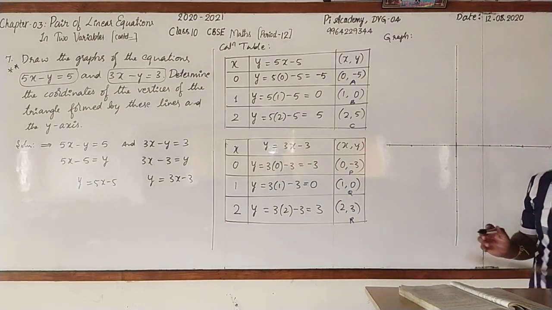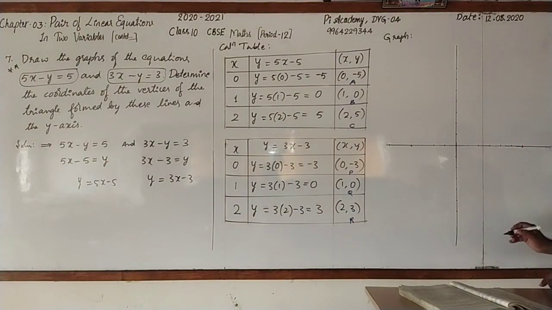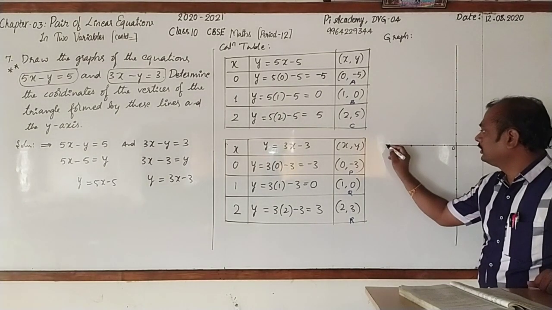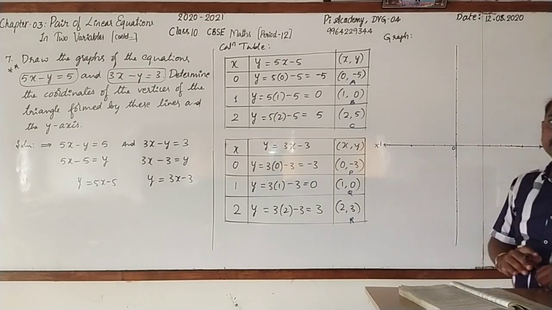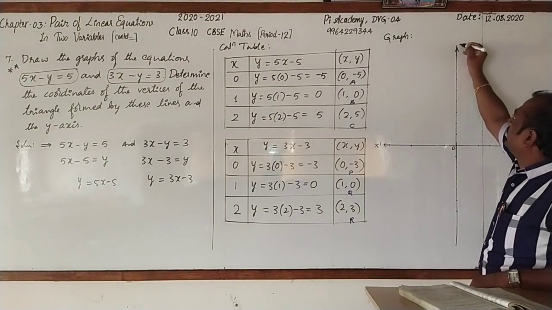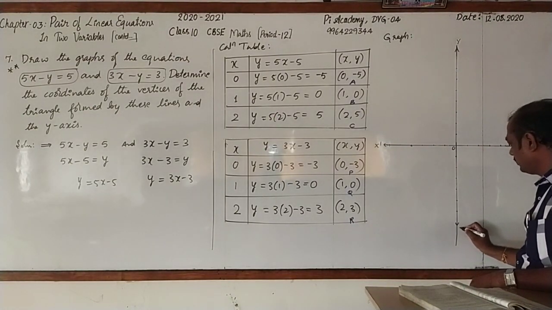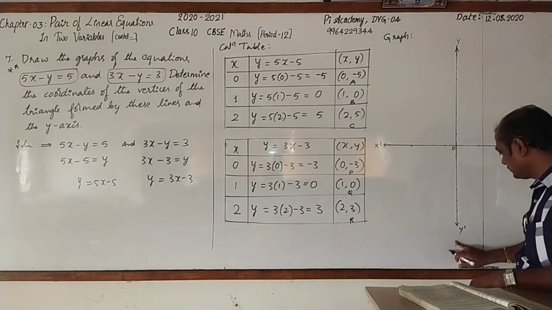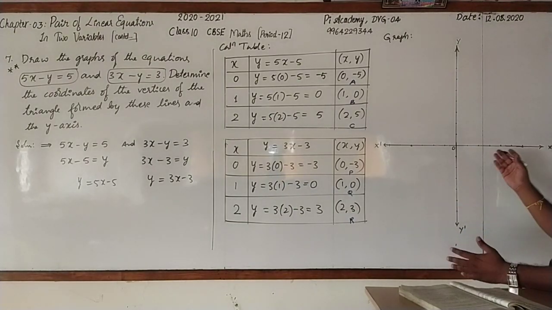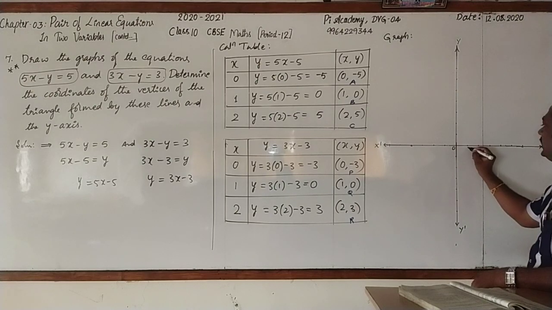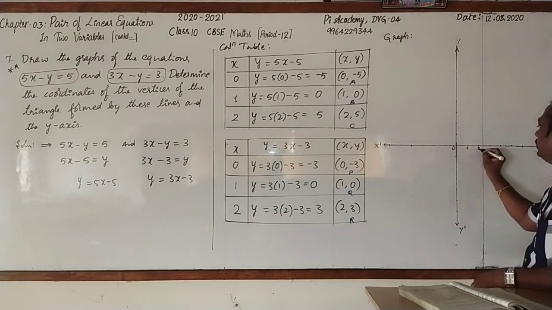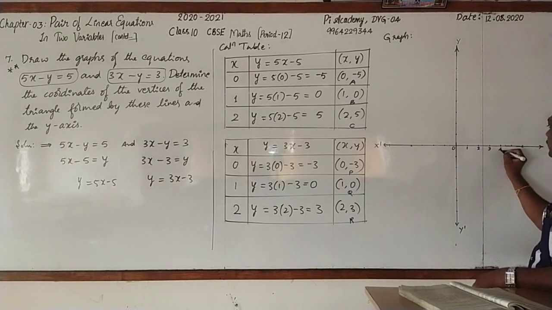Done? Yes. Then go for writing the numbers. So this is x-axis denoted as X'OX. Mark y-axis as Y'OY. Next, right side of 0 are positive. Go on writing the numbers: 1, 2, 3, 4, 5, 6.